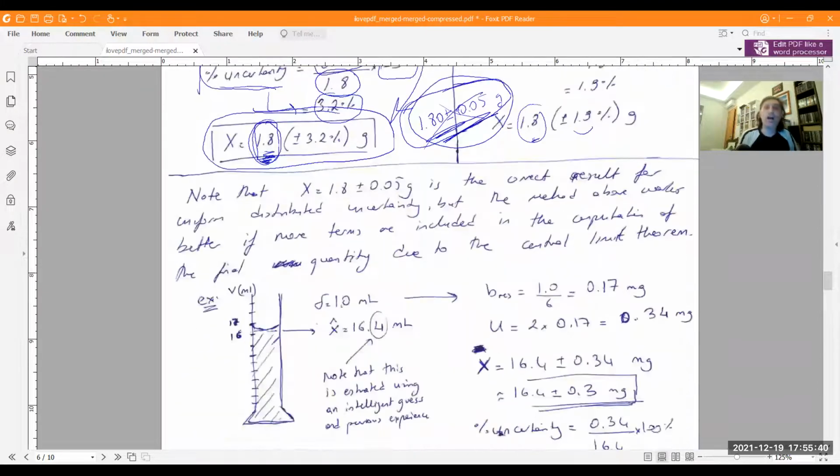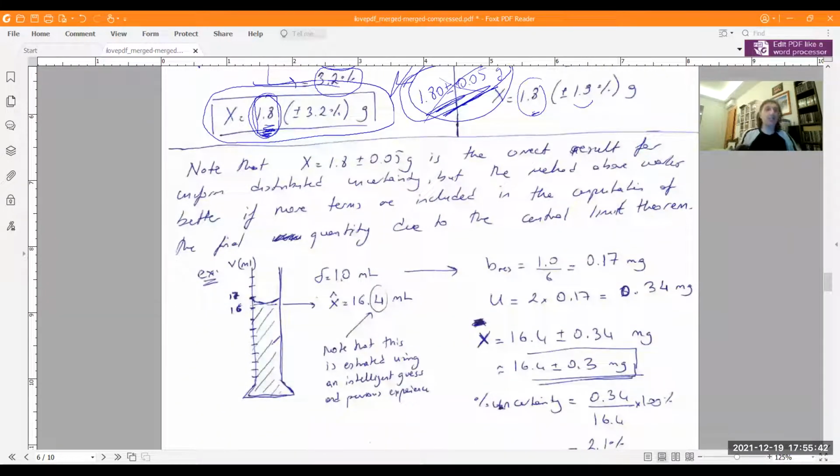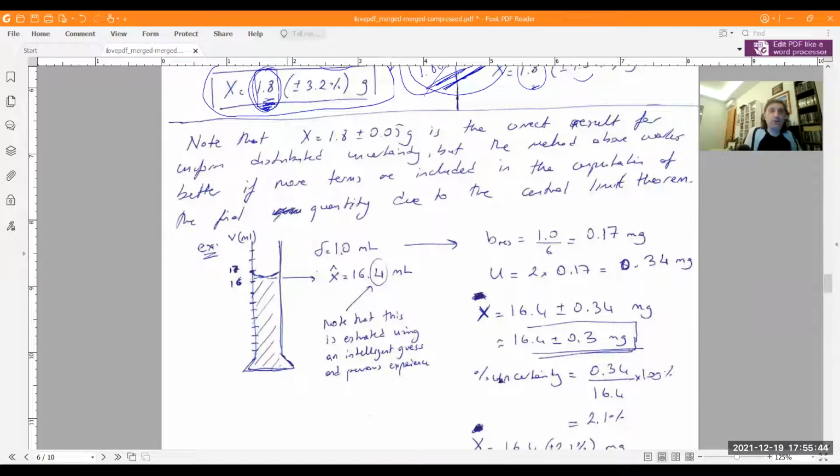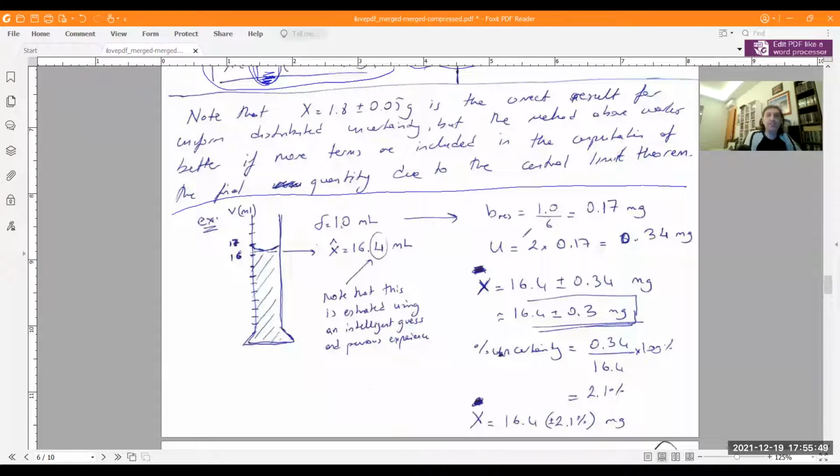Okay, so let's talk about another case which you are going to see in your laboratory, which we have seen in the laboratories previously, usually reading a volume from a graduated cylinder. Let's say that you have a meniscus like that, and your liquid level is between 17 and 16 milliliters, and there are no other mini ticks here.